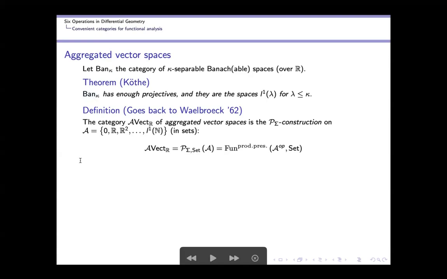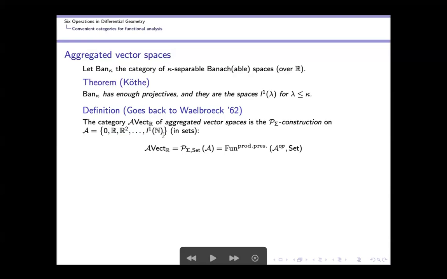It turns out that it suffices to only take Banach spaces that are separable, for the smallest infinite cardinal. So separable in the usual sense, there's a countable dense set. In that case, the projectives in the category of Banach spaces form the category that contains all the finite dimensional vector spaces, 0, R, R2, and one extra object, the space of absolutely summable sequences indexed by the natural numbers.